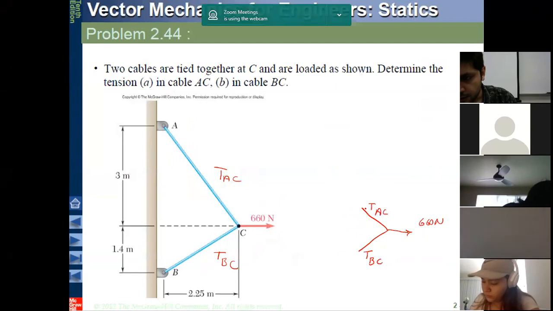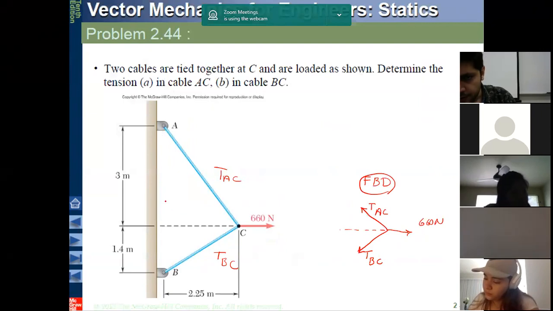And the sign is such that you would get the cable in tension. So these are the signs. So this is the free body diagram for this system.